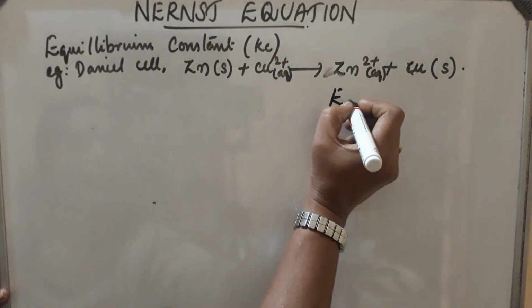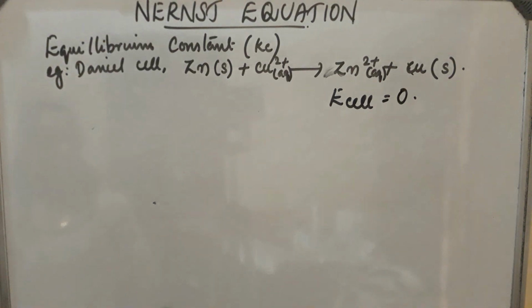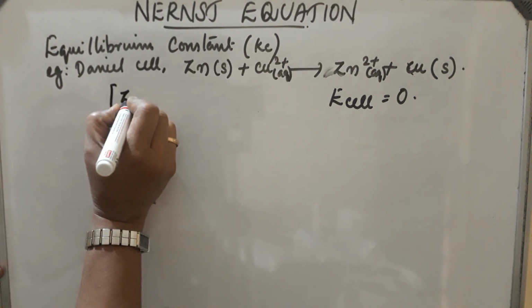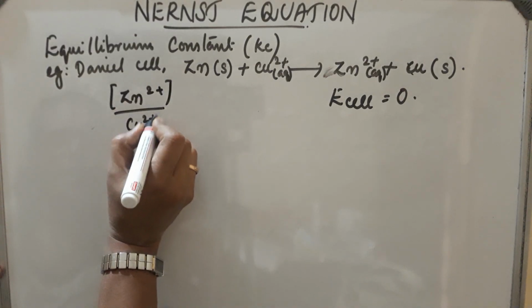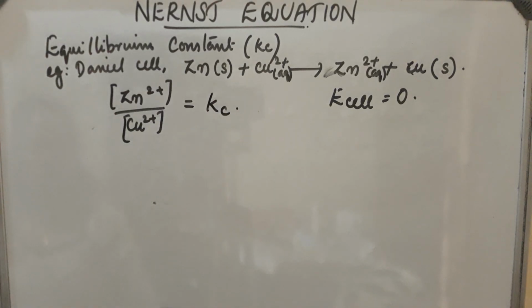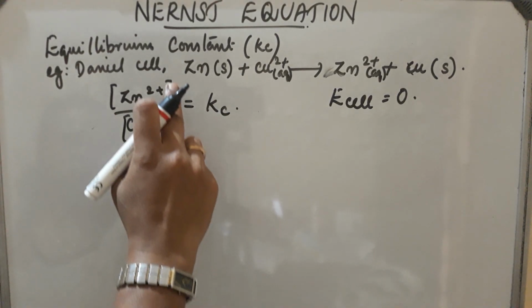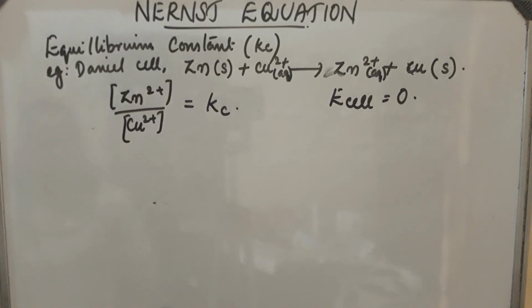What will be the voltmeter reading then? E of cell will be 0, the voltmeter reading will be 0, because the concentrations of Zn2 plus and Cu2 plus remain constant, which is called the equilibrium constant Kc.